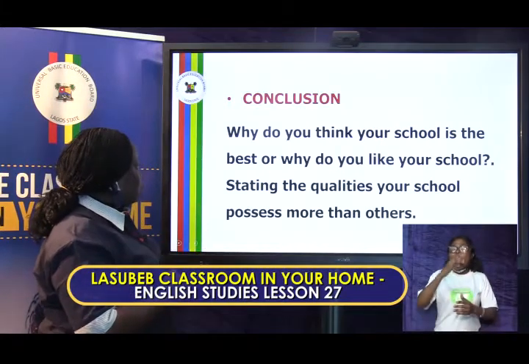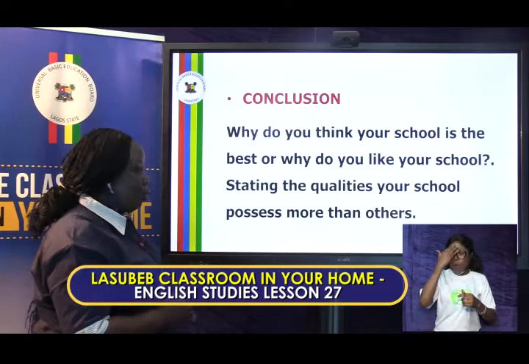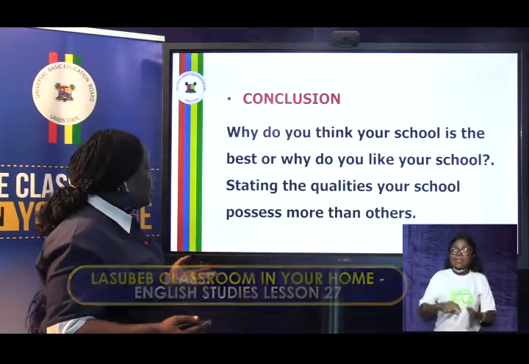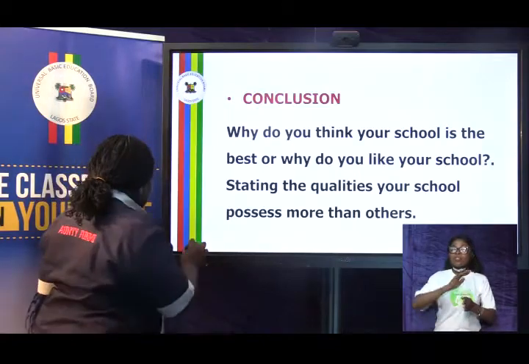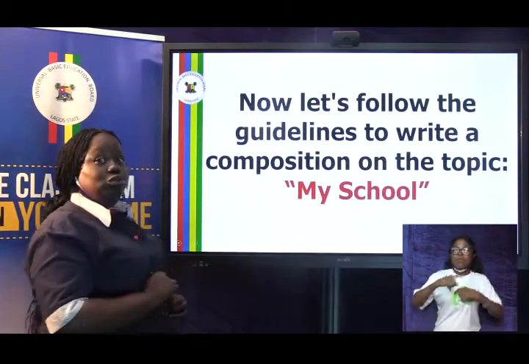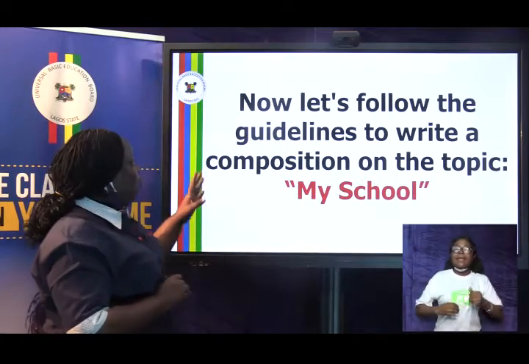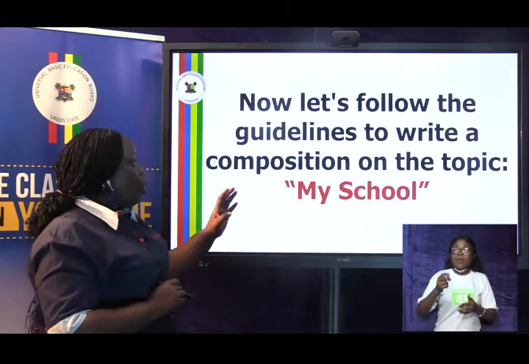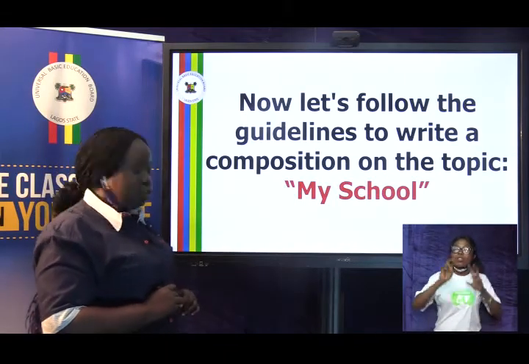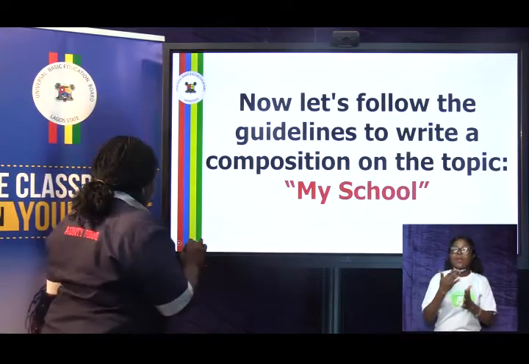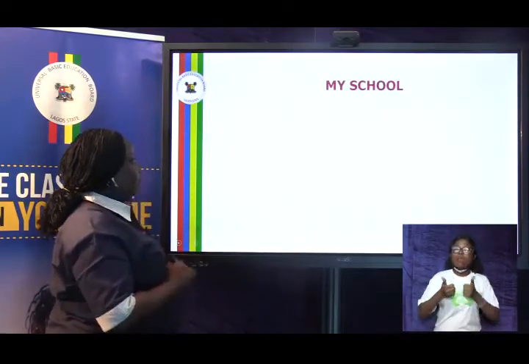When you're talking about why you think your school is the best or why you like your school, you should state the qualities your school possesses more than others. That is your conclusion. Having gone through those guidelines, now let's follow the guidelines to write a composition on the topic, my school. We have a sample here, so you look at it and let's follow the sample.